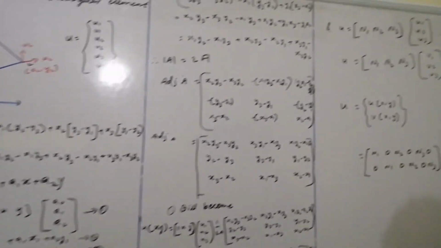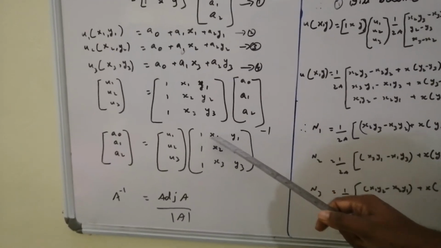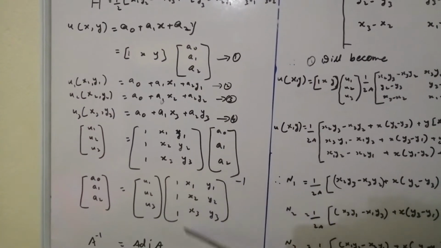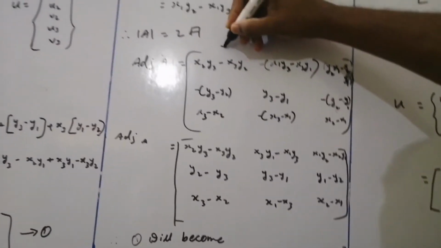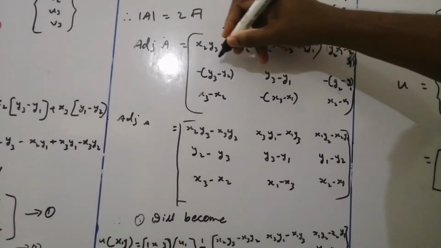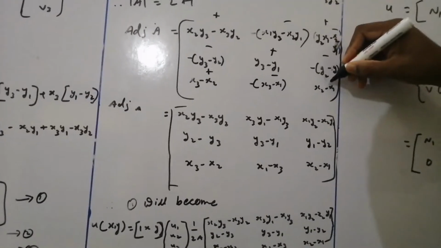Then we want to remove both of these, and we get x1 y2 minus x2 y1. After that we want to remove this row and column, so we will get y2 minus y3. Just remember the sign pattern: plus minus plus minus plus.